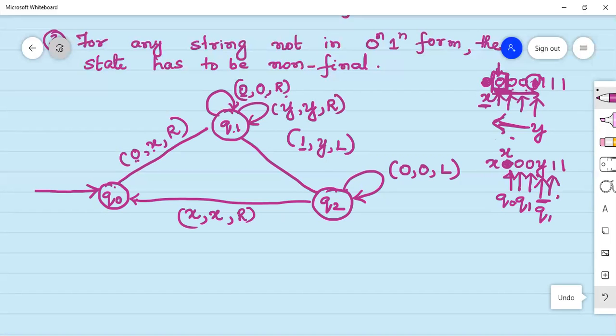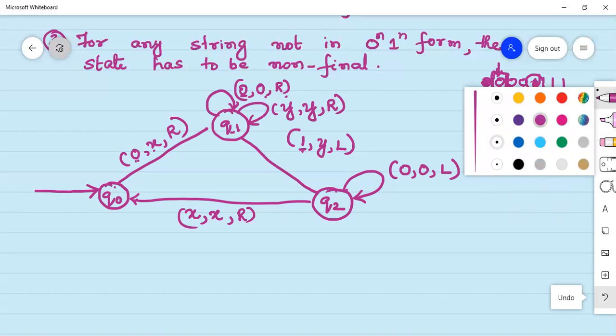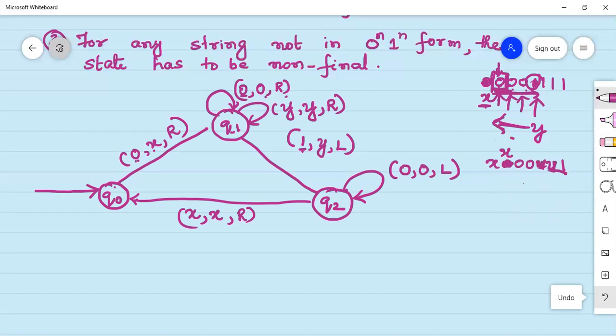So now this is Q1 on 1. So I said Q1 on 1, replace this 1 as y. After replacing this as y in Q1, I move to Q2 and just make it a left transition, searching.